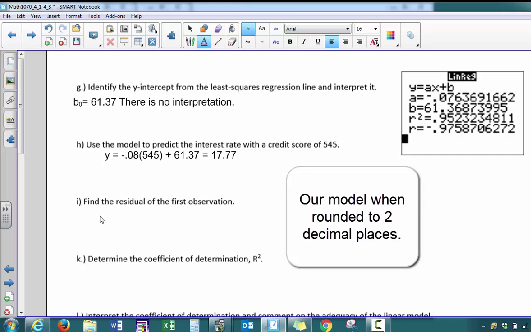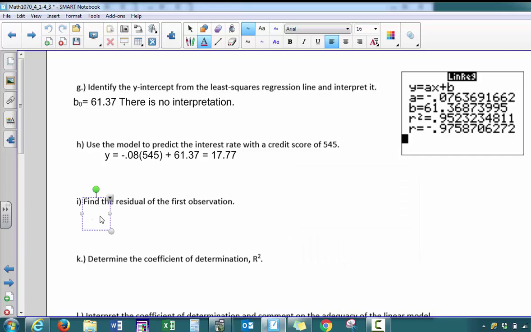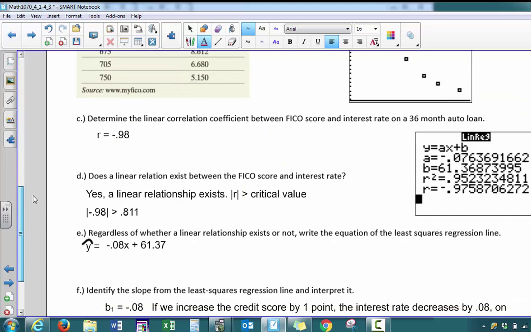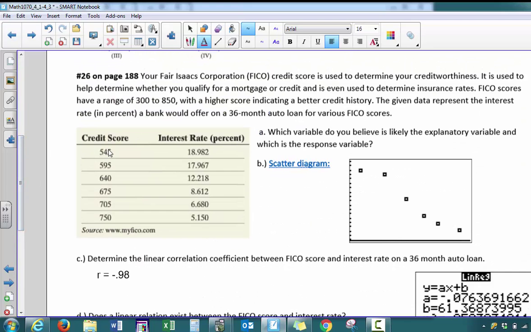Find the residual of the first observation. So our residual is our observed value minus the predicted value. Looking at our data set, with a credit score of 545, our observed interest rate is 18.982.